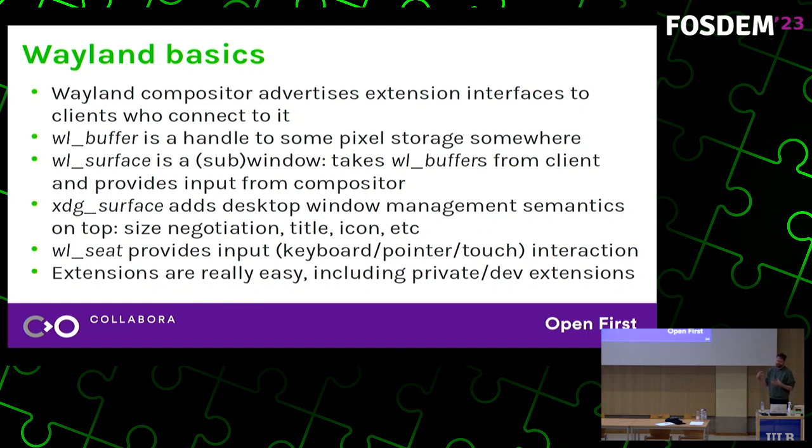It takes the buffer, it just crops it, and optionally takes input back. xdg_surface is the main one you'd interact with, really, because that's what adds all the desktop-like things of being able to resize and move windows and all that kind of thing. And wl_seat is where the input comes from because we're still bad at naming, it turns out. That one was my fault, actually.